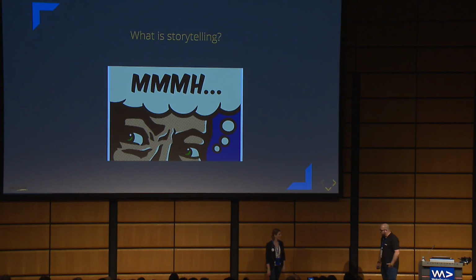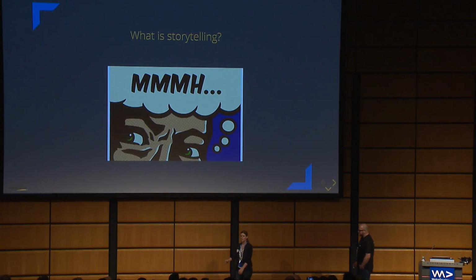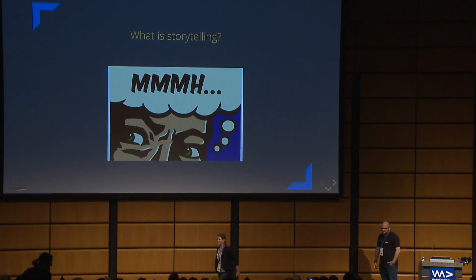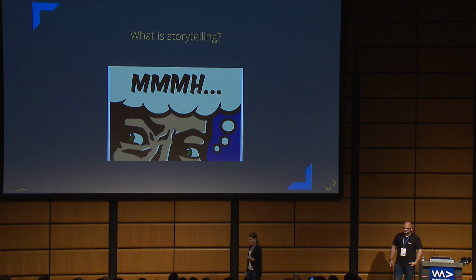So, tell me, Christina, what exactly is storytelling? Well, storytelling is everything. You have storytelling in advertisement, you have it in business communication, you have it in the cinemas, in the movies, in literature, so nearly everywhere. Speaking about storytelling as a general term, it's the activity to tell or write a story.